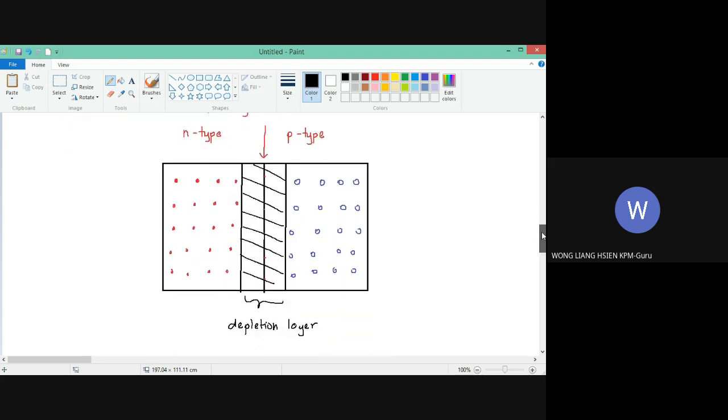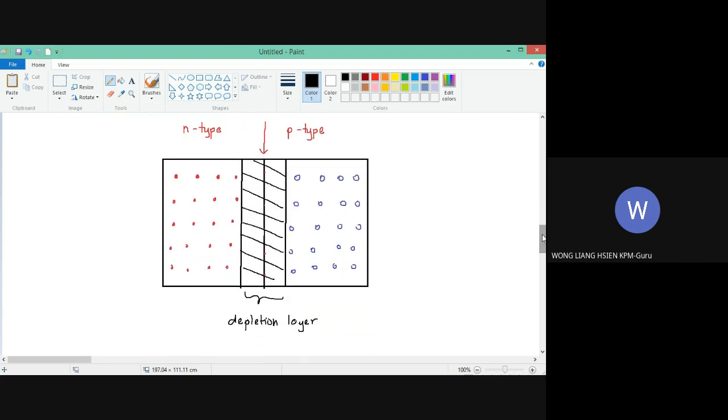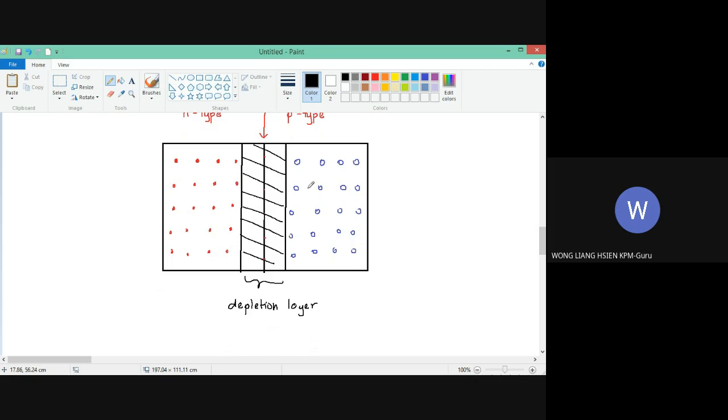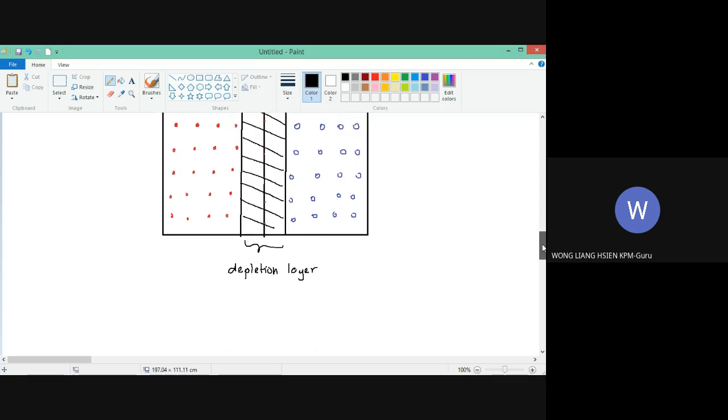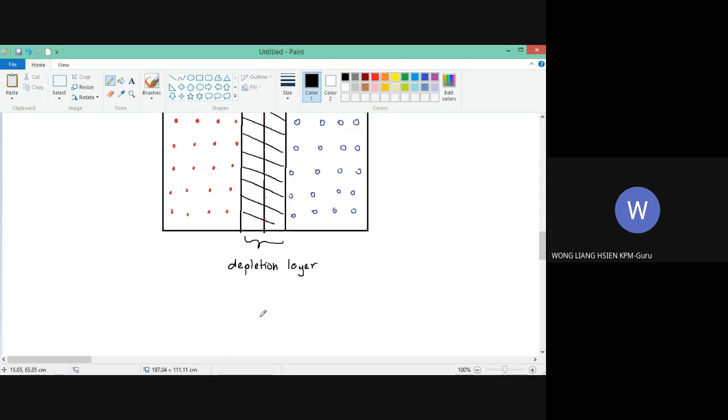Okay, now, what will happen when we connect this N-type and P-type semiconductor to a power source? Let's say here, this is negative, this is positive. We connect them.